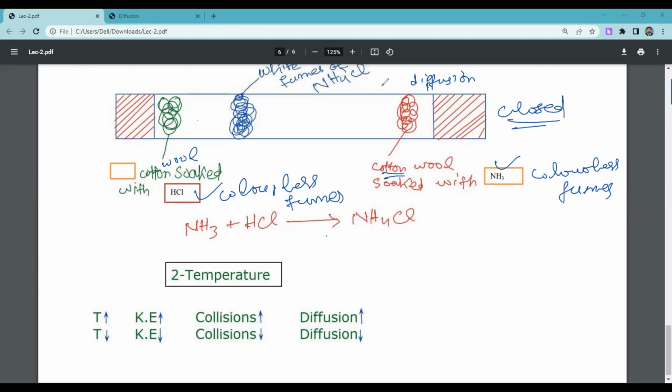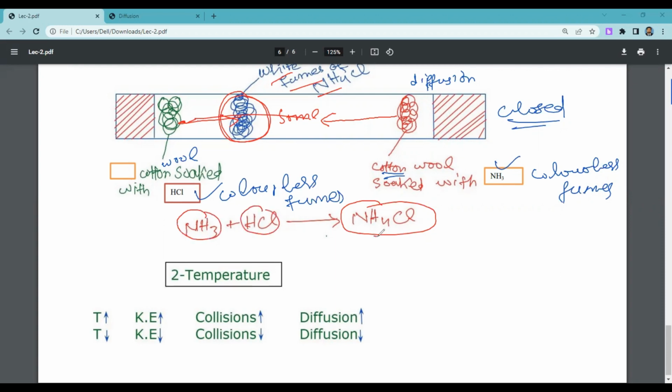After some time, we see that nearer to the HCl, some white fumes are produced. These white fumes are actually white fumes of NH4Cl, because when the ammonia molecules move and HCl molecules move, after some time they come close to each other, they react with each other and form NH4Cl, ammonium chloride.